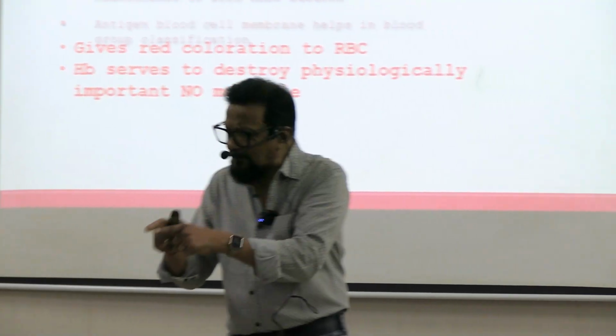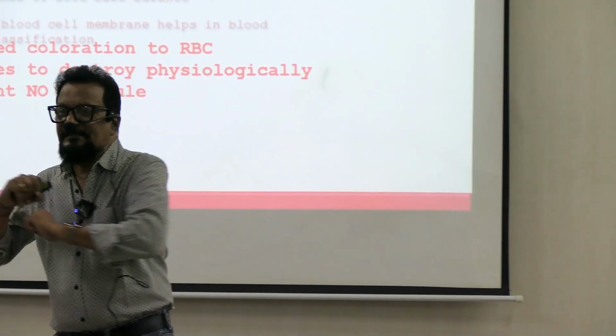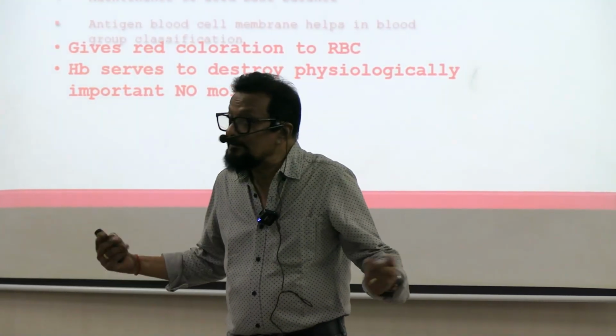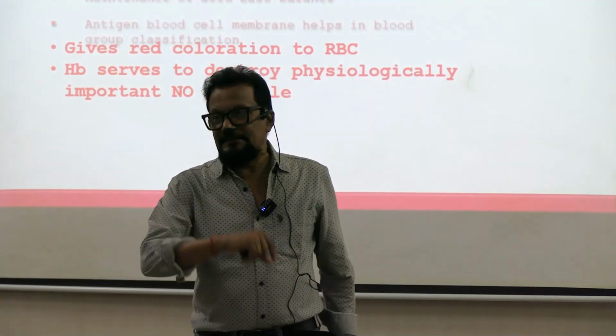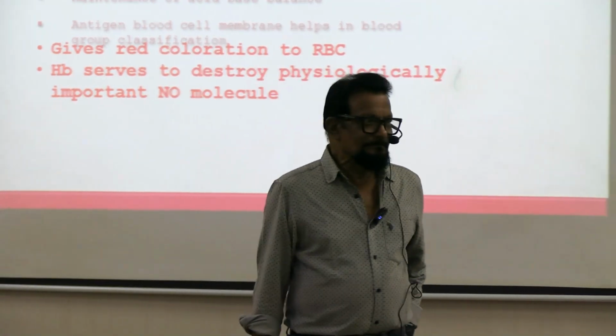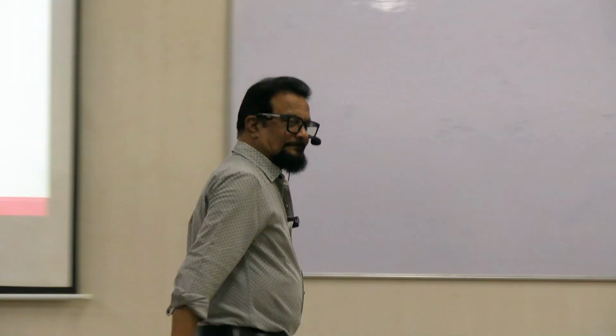But why is this one within the RBC? Definitely there are reasons. Now think. Instead of being in the RBC, if it is in plasma, what will happen to the osmotic pressure or viscosity? Plasma viscosity will rise.